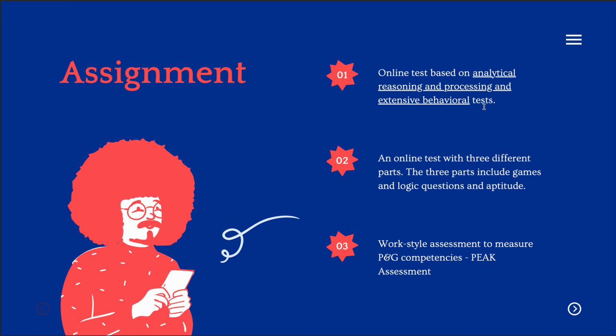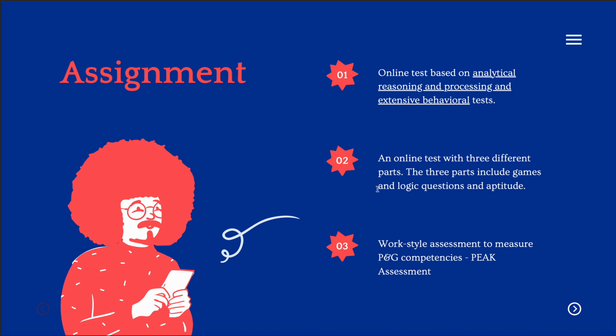It's not just checking your behavior or your aptitude or cognitive skills; it's a mixture of these three parts. The online test will be divided into three parts, which will be more like games and logical questions, so you won't be asked directly. They have a specific set of criteria to judge you, and that's basically called a psychometric test.